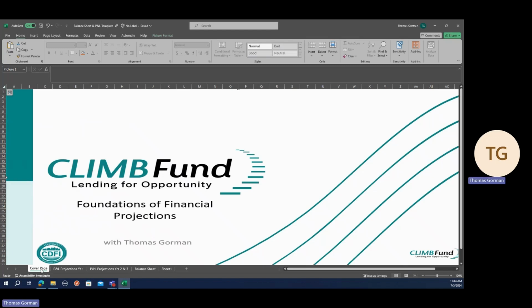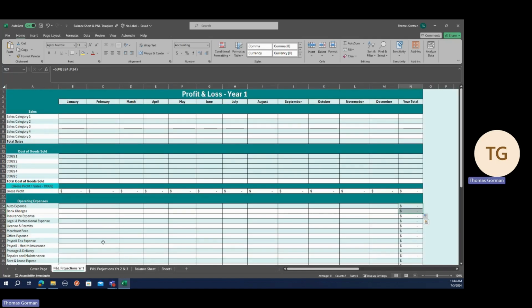And with that said, let's start by looking at what a startup needs to do to create financial projections. Now, for startup businesses, you're starting with a clean slate. You don't have any historical records of what sales are going to look like.